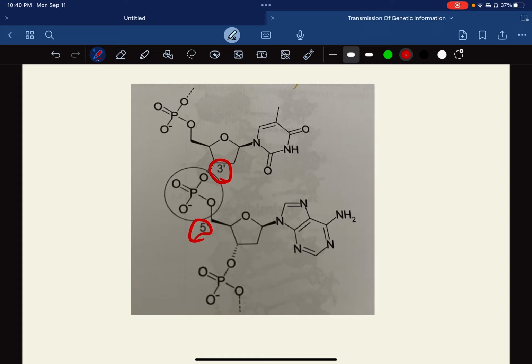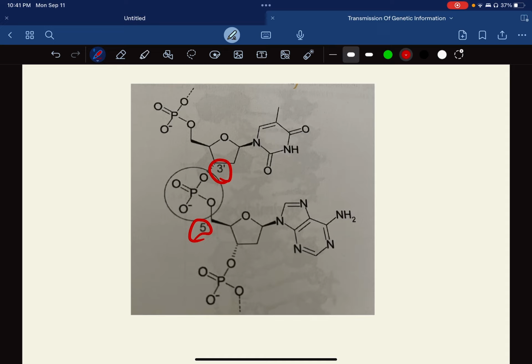Any additional phosphate groups in the unincorporated nucleotide are seen in the nucleoside diphosphate and nucleoside triphosphate, okay? Make note of that.